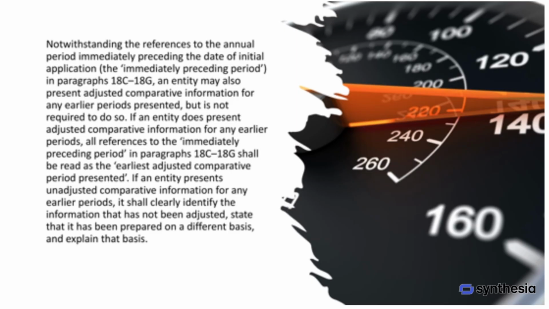If an entity does present adjusted comparative information for any earlier periods, all references to the immediately preceding period in paragraphs 18C, 18G shall be read as the earliest adjusted comparative period presented. If an entity presents unadjusted comparative information for any earlier periods, it shall clearly identify the information that has not been adjusted, state that it has been prepared on a different basis, and explain that basis.